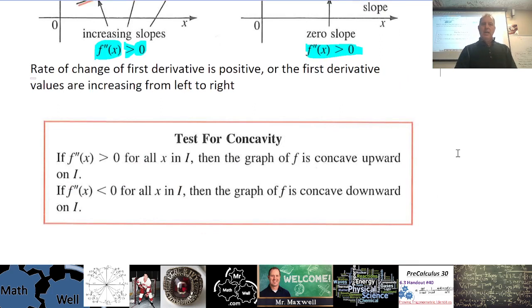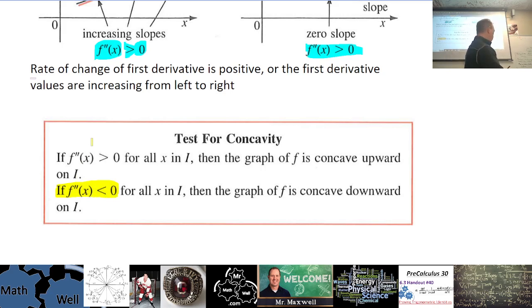All right? Here is where we highlight the second part here. And this is, again, from your textbook, Stewart Calculus, the first course. In this little box, the test for concavity, this summarizes, here's the negative part here. So if the second derivative is negative, that means that the rate of change of the first derivative is negative or decreasing.